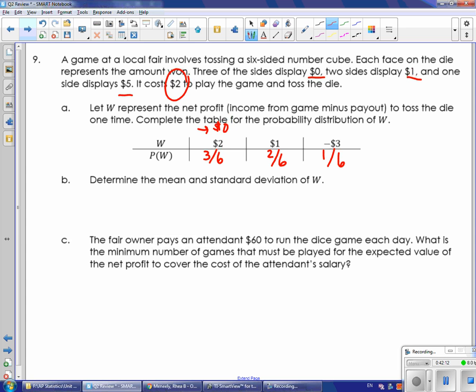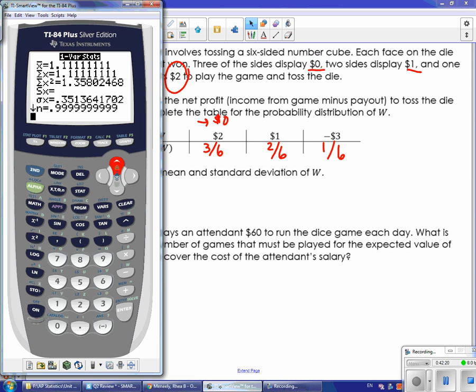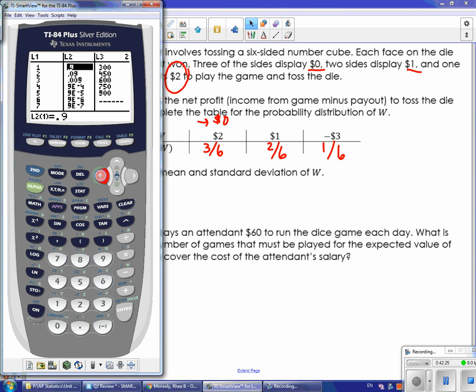If we want to determine the mean and the standard deviation, we can easily do this using our calculator. Let me find my calculator. There we go. So basically what I'd want to do in my lists is list all my outcomes. So I have an outcome of $2. Make sure you put these in the correct order.